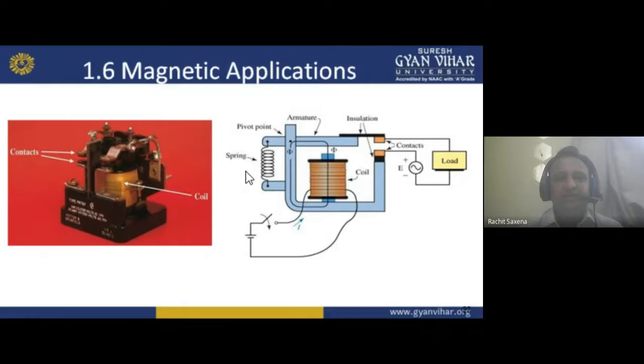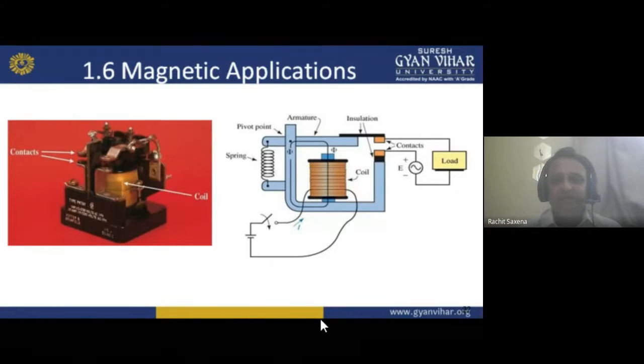Basically it protects you from a fault. If I want to protect my home from a fault, I use what? That is the MCB, miniature circuit breaker. Hope you understand about this.